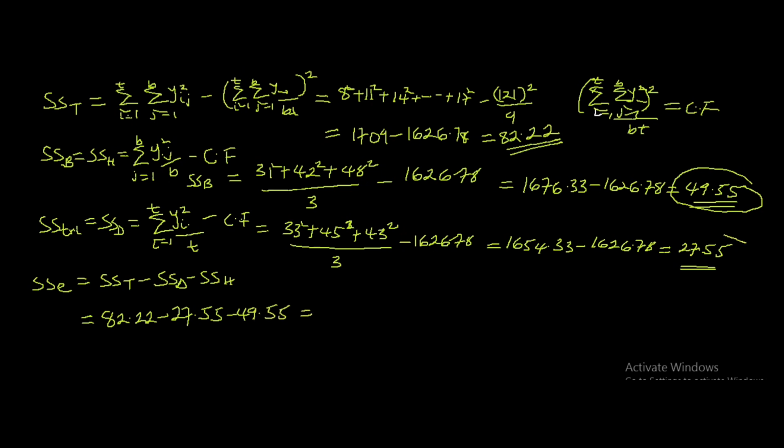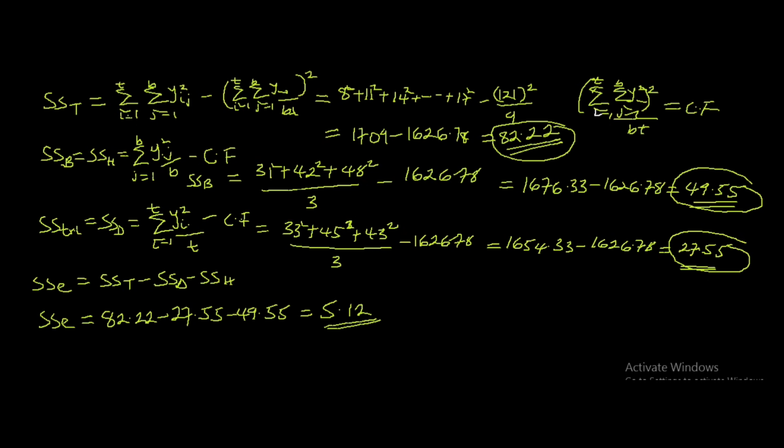So we are subtracting this from this. If we do all of those together and we do it correctly, we are going to have 5.12. So our SS error is equal to 5.12.